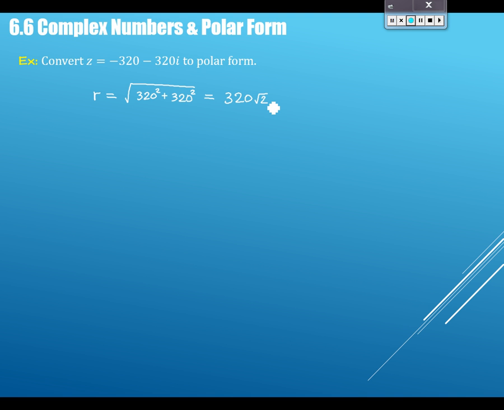All right. What about theta? Well, theta is the angle that has a cosine of negative 320 over 320 root 2, right? By definition of cosine. You remember the definition of cosine is x over r, right? Go back to day 1 of cosine, back when we birthed this function. That was the name we gave it, x over r.